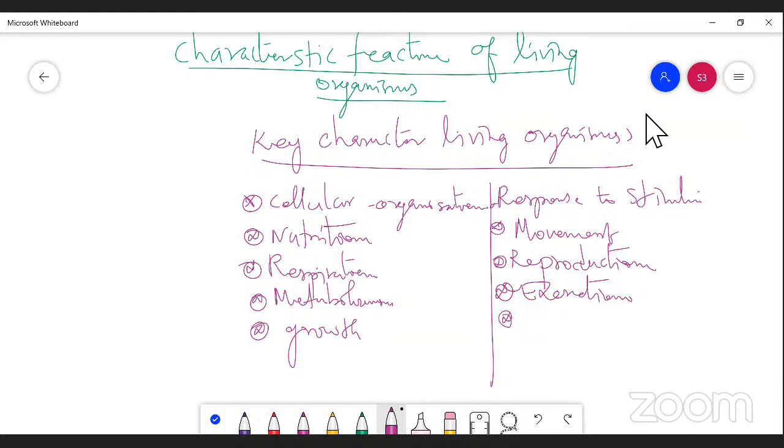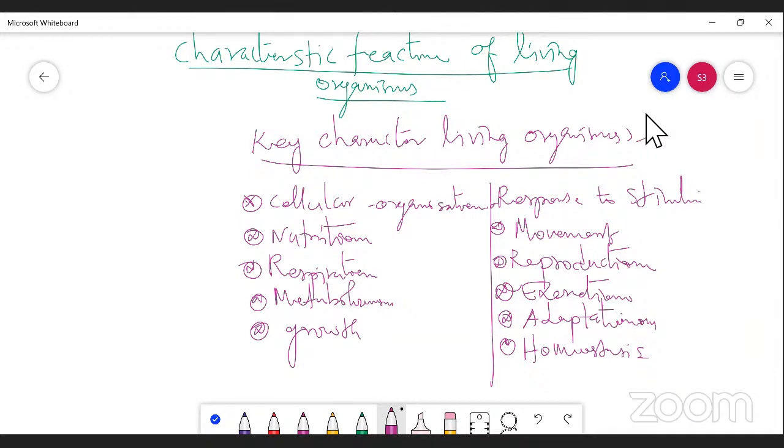Next, adaptation. Another one is homeostasis. These are the key characters of living organisms.